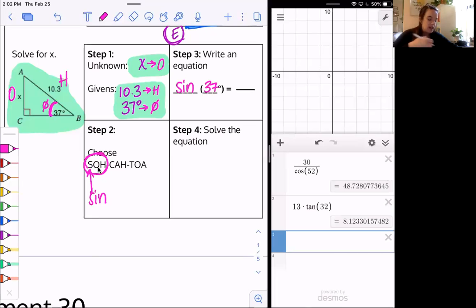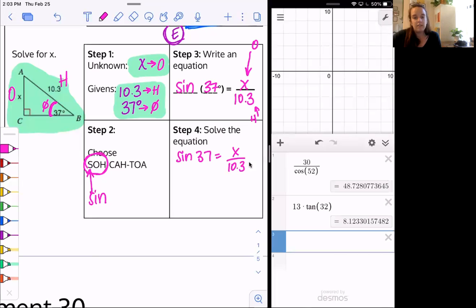Nice. Okay, and then sine is O over H. So what was my O? X for sure. What was my H? 10.3 for sure. Good job, team. All right, so I've got sine 37 equals X over 10.3.